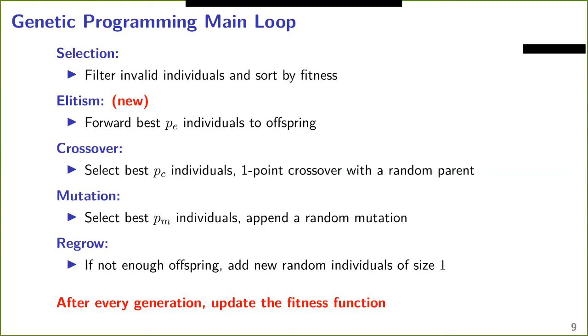And that's the reason we added the elitism step. So crossover selects PC parents and generates PC children, and the same for mutation. But if there are not enough valid parents to begin with, then we do not generate enough offspring.